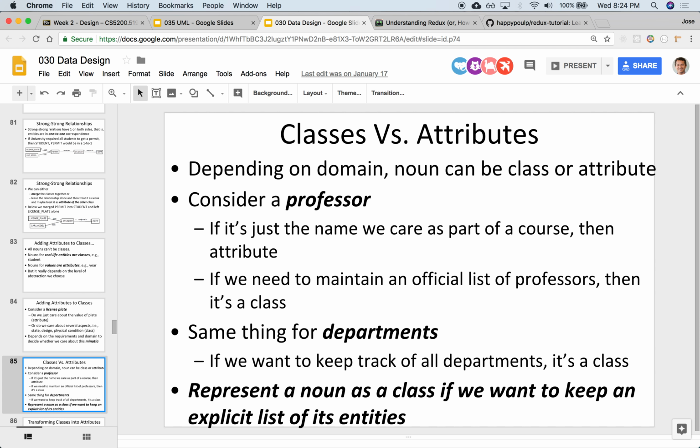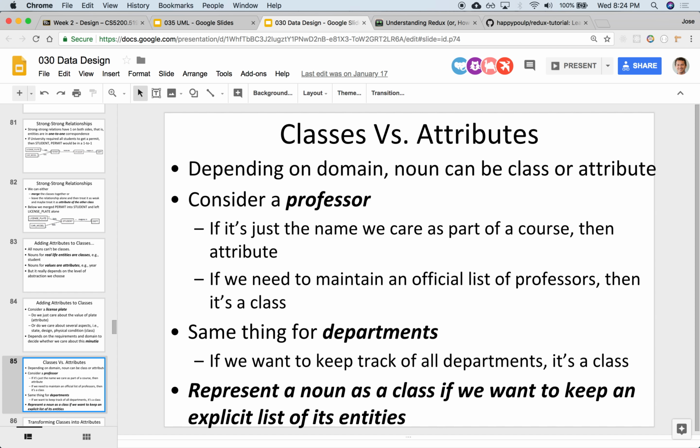There was no mention of the professor other than perhaps their name or their username. So we decided to just capture the professor that way. Professors weren't important enough to have as individual records, and that might be okay, depending on the implementation.